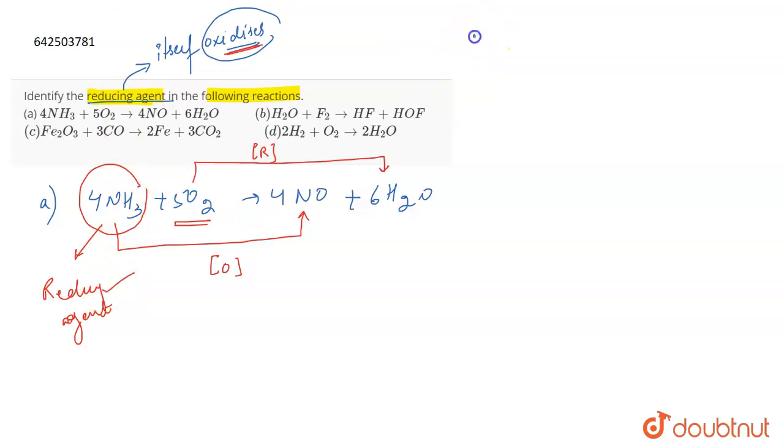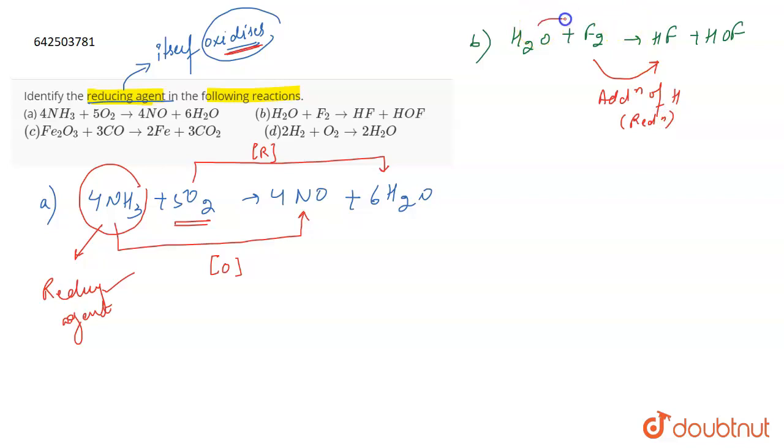Talking about the B reaction, which is H2O plus F2 giving HF plus HOF. If you look at this reaction very carefully, F2 is getting reduced to HF because of addition of hydrogen, which means that reduction has taken place.